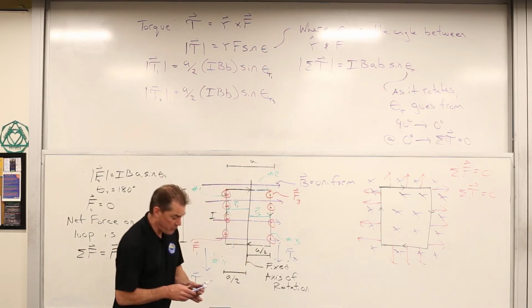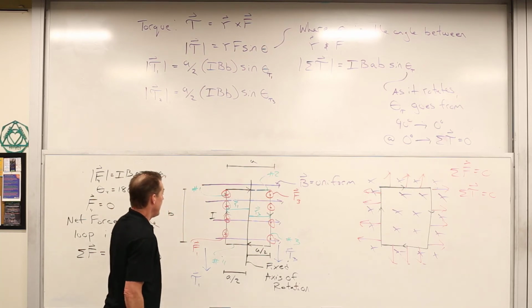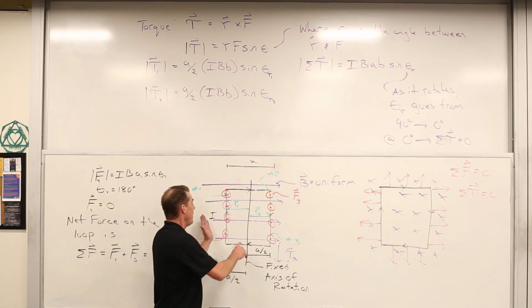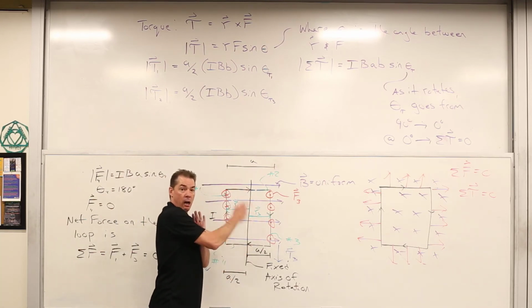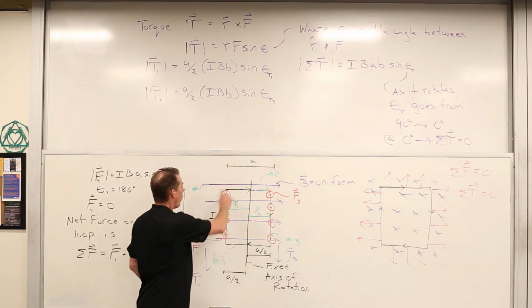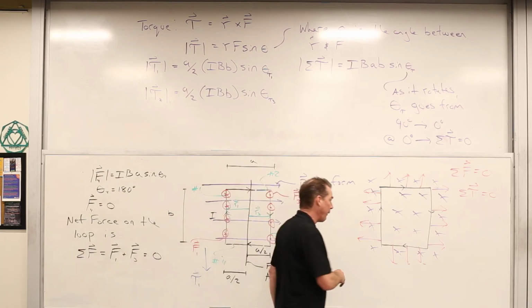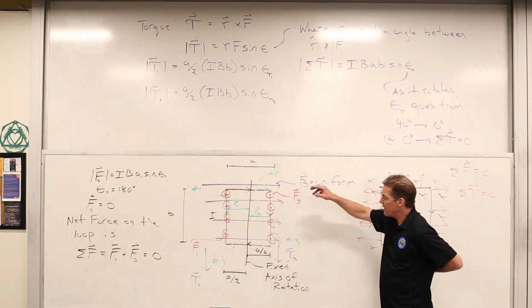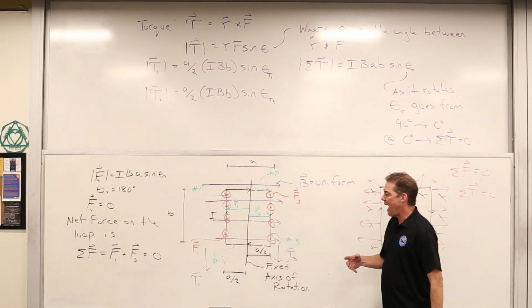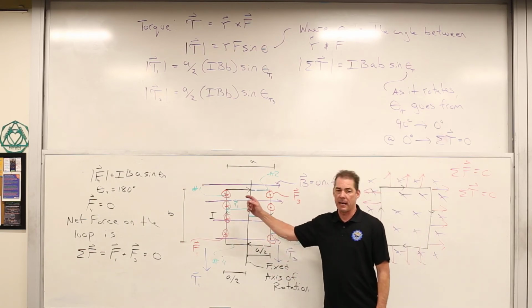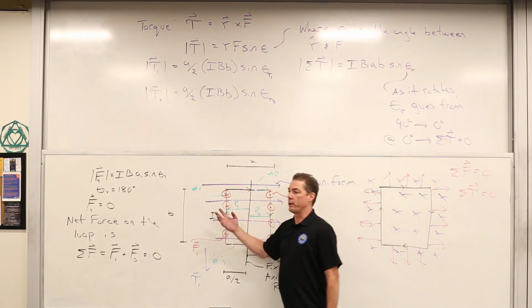So some other things that we can do with this is what happens if we have kind of a winding of wires here. So it's not just one singular loop, there's n loops of wire. Well, each current ultimately interacts with the magnetic field and exerts a force.